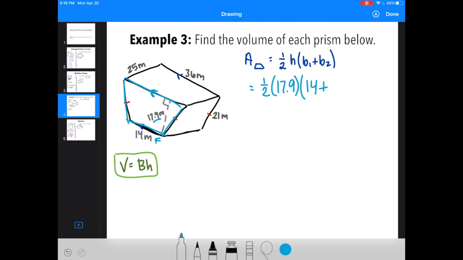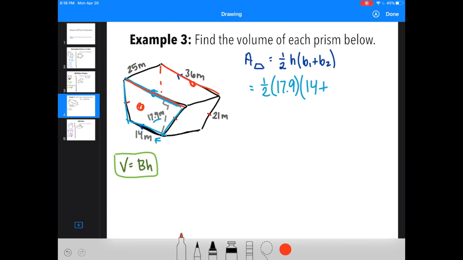Well, I don't have that measure right now, but I can pick it up from the picture. Ignore my drawing skills, but this measure right here is going to be the same measure as our 36 meters.